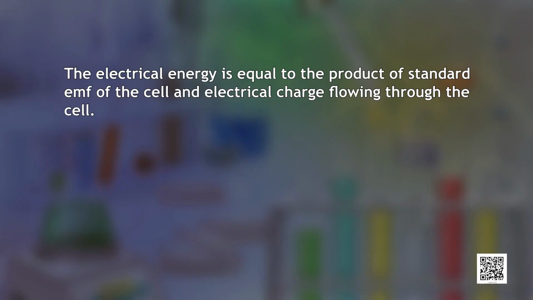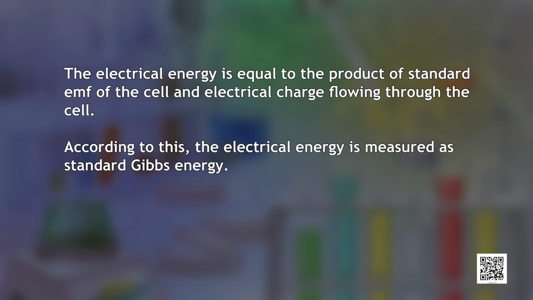An electrochemical cell is a source of electrical energy, which can be employed for different kinds of work. The electrical energy is equal to the product of standard EMF of the cell and electric charge flowing through the cell. According to this, the electrical energy is measured as standard Gibbs energy, and so delta G naught is equal to minus NF E naught cell.